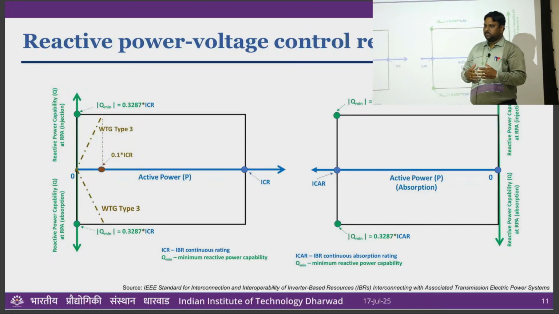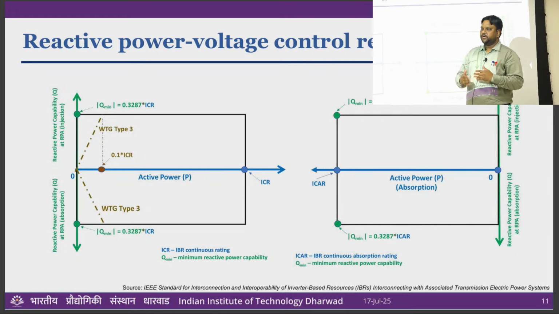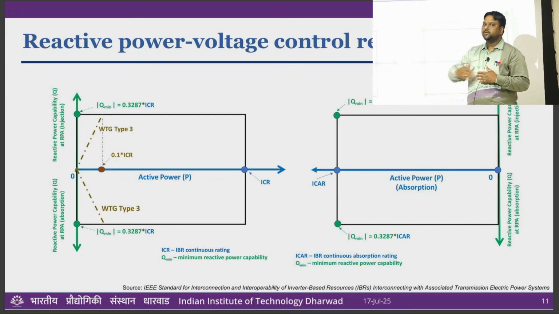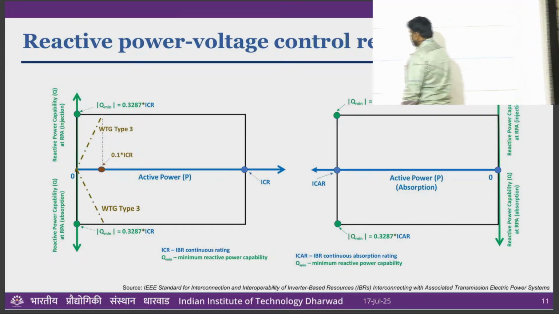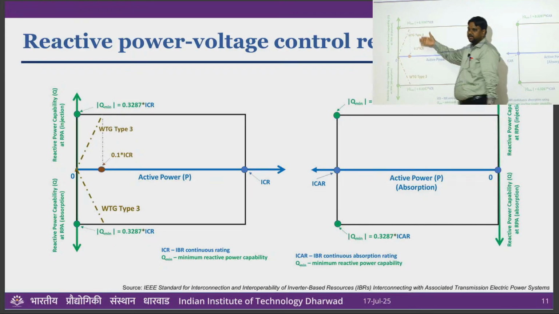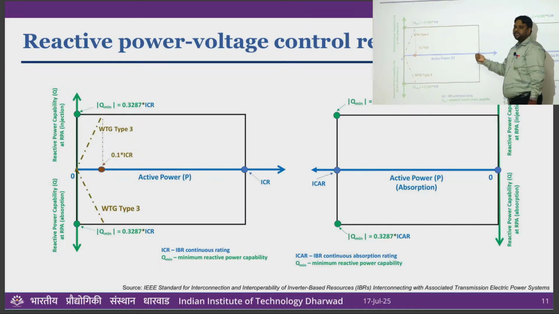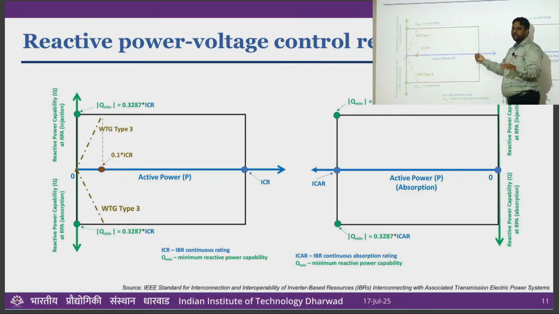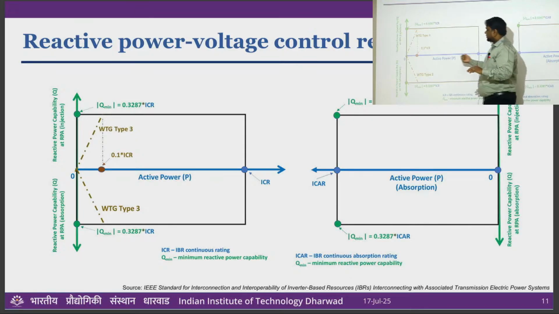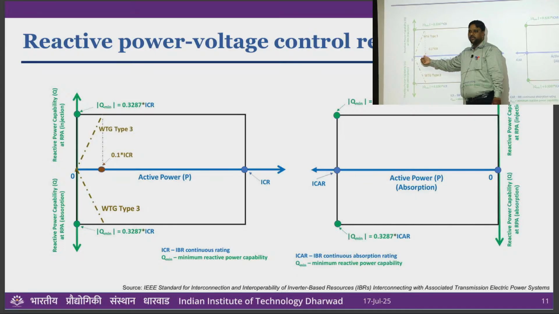Your plant should ensure that for a certain range of P and Q, you can dispatch your P and Q, right? So what this grid code says, if I take the x-axis as active power and y-axis as reactive power, this is your rated active power of your power plant. This is 10% of your active power plant rating.